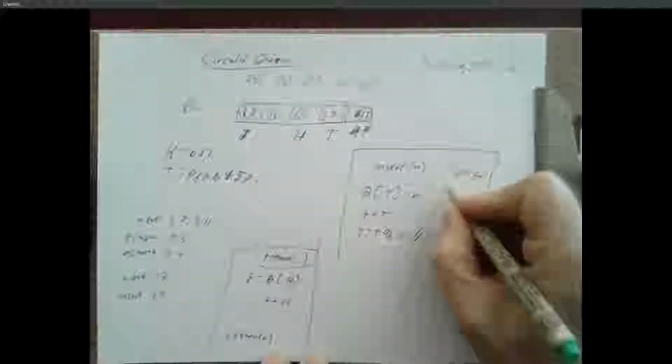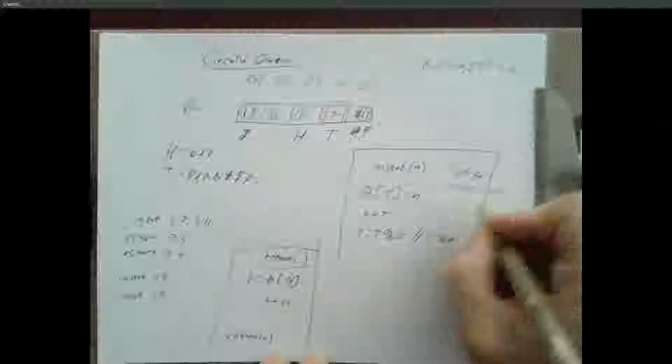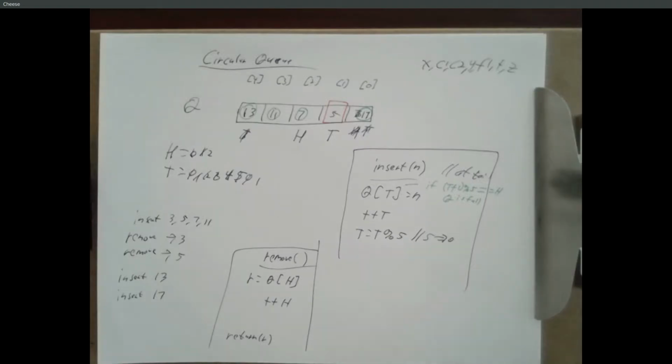So we can throw an extra check in here. So if t plus 1 modulo 5 is equal to the head, we'll say the queue is full, and we'll refuse to insert anything else.